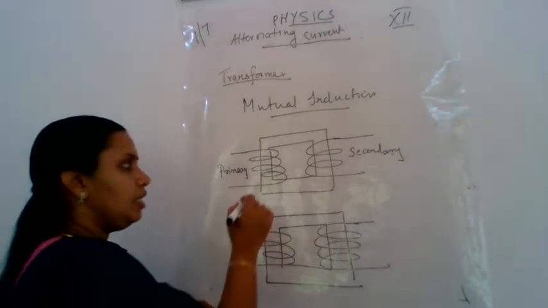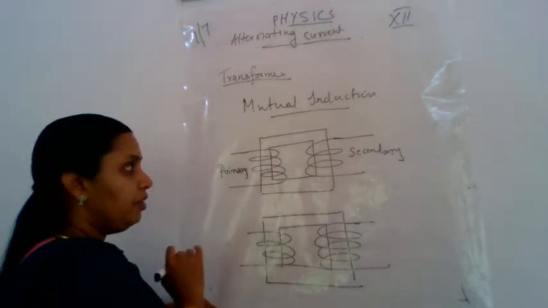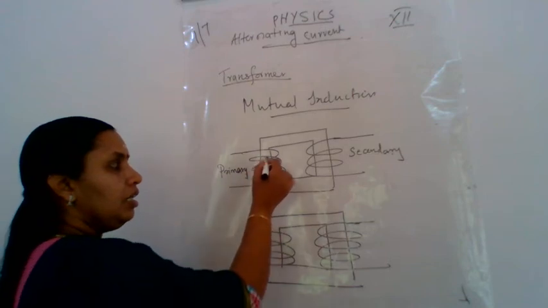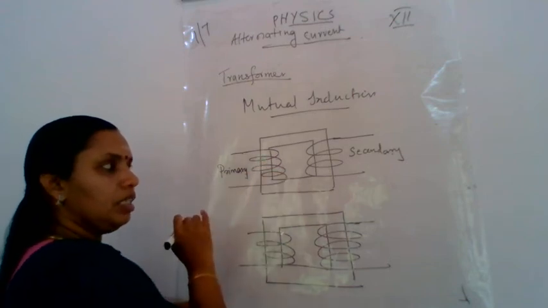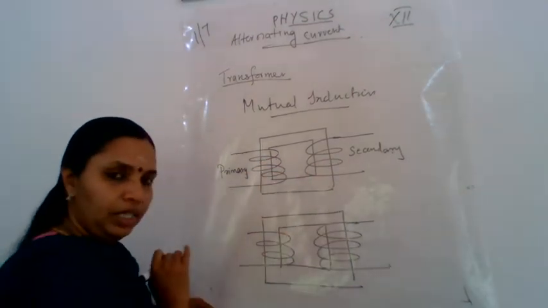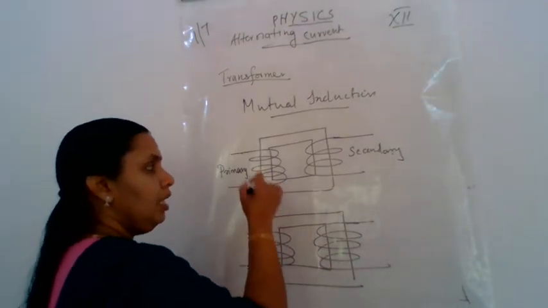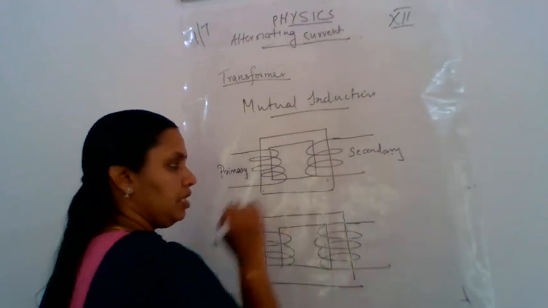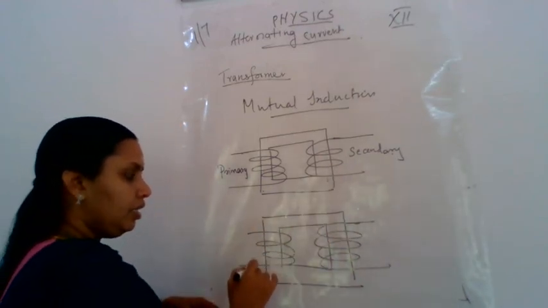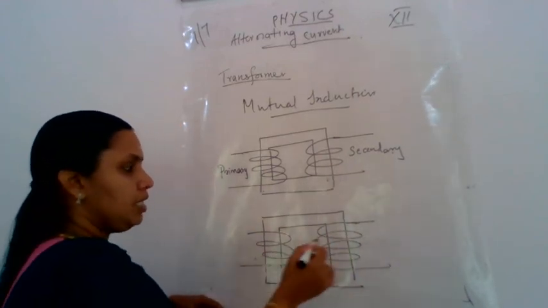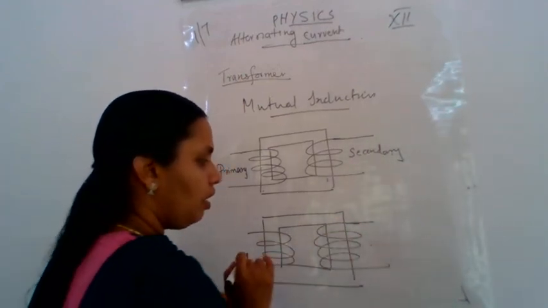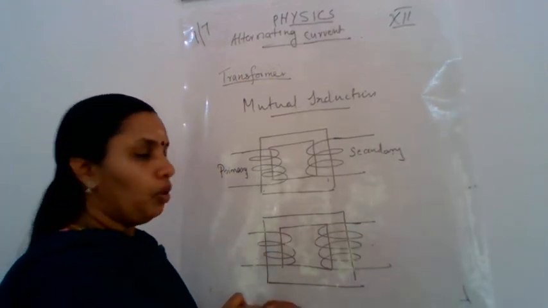The difference is in the number of turns. Here in the primary 3 turns are there, in the secondary only 2. That is, the number of turns in the primary is more than in the secondary. And here the number of turns in the primary is less and in the secondary is more.